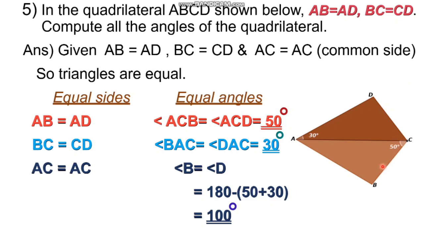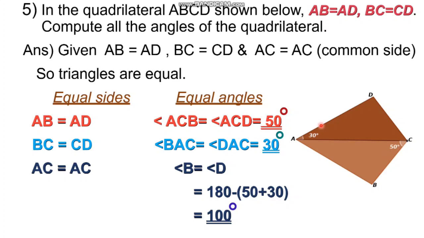BC of triangle ABC and CD of triangle ACD. These two are equal. That means two pairs of equal sides are given in the figure. And one more, see, angle 30 degree is marked here at vertex A, this small angle. And here below, a 50 degree angle is also marked at C.